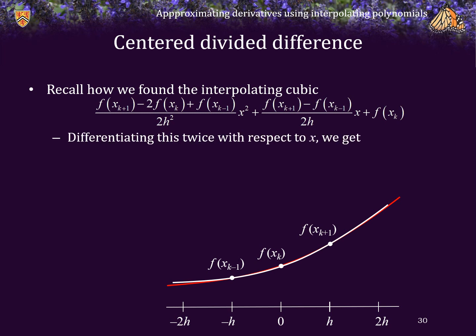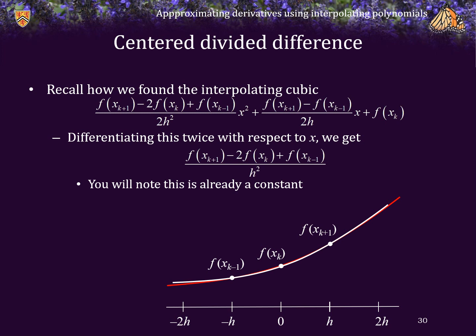We can differentiate this twice with respect to x, and that gives us that first coefficient, which is already a constant. Well, a quadratic has a constant concavity, so that concavity will be the same everywhere. All right, so that is our formula for the second derivative.